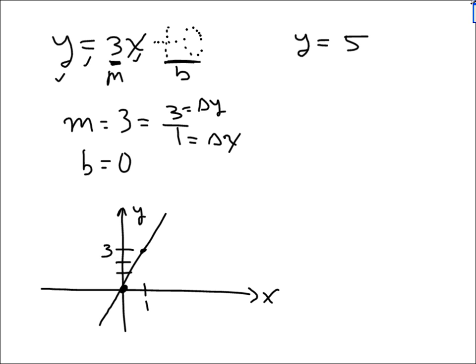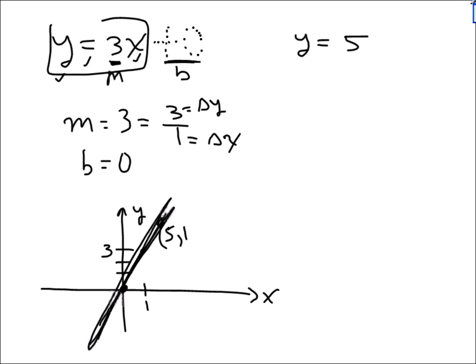Now remember, I told you that these are special points. What can you tell me about all the points on this line? And the answer is, no matter what x is, if x is 5, say, the y value is 3 times it. That's true right here. The y value will always be 3 times x.